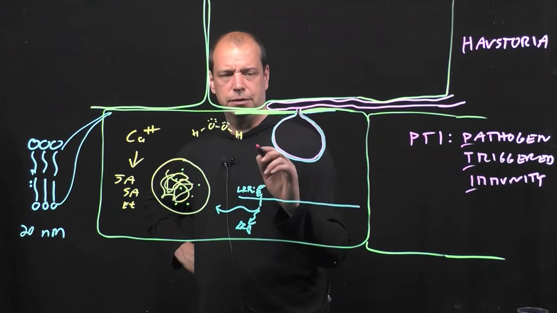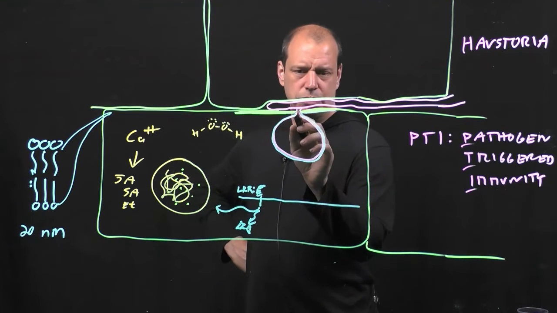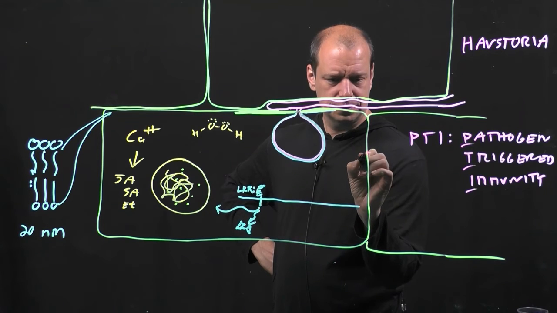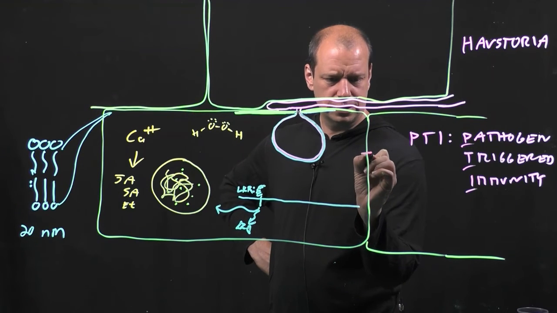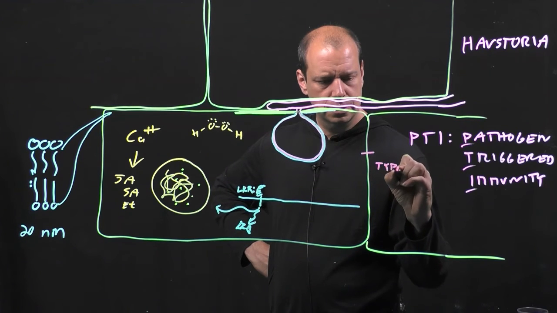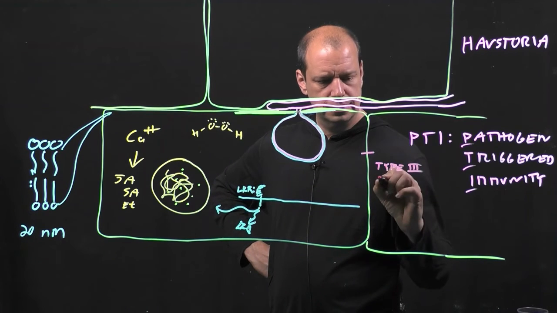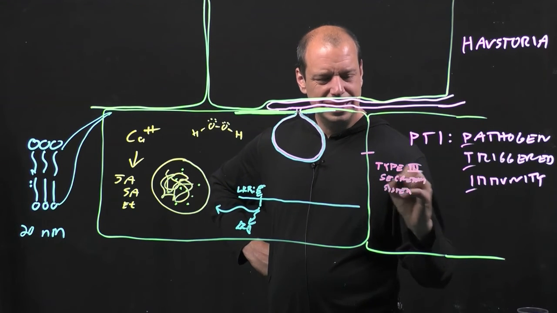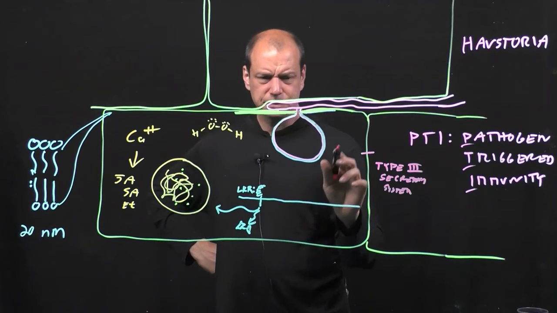I will give you an example from a bacteria. So this is a Haustoria. A bacteria has, you might say, a more elegant structure called the type 3 secretory system. Actually, I will hold off on that for now.